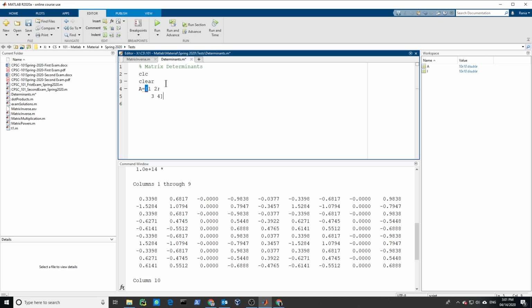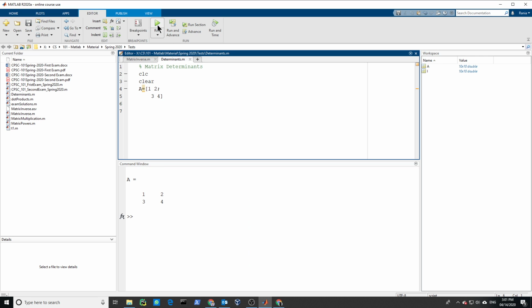So this is a matrix. Let's run it. It's 1, 2 and 3, 4.